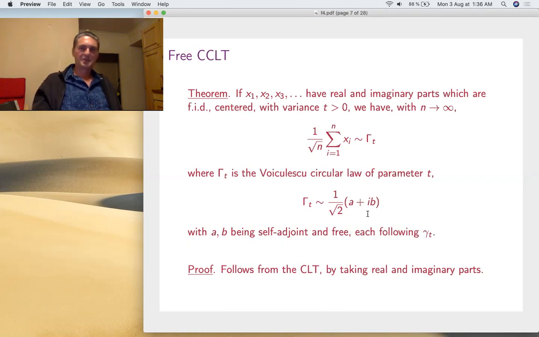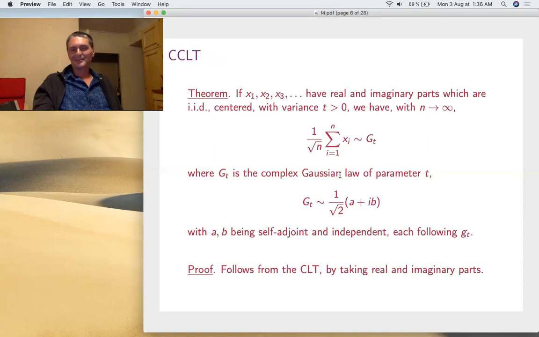In the free case, same thing, and you get the so-called Voiculescu circular law. That's A plus iB, once again rescaled by square root of 2, with A and B now free, each of them following a semicircle law. Once again, we don't have to prove this. That's the usual free CLT. You take real and imaginary parts. But these things are tricky. The complex Gaussian law has many interesting properties that the real Gaussian law doesn't necessarily have.